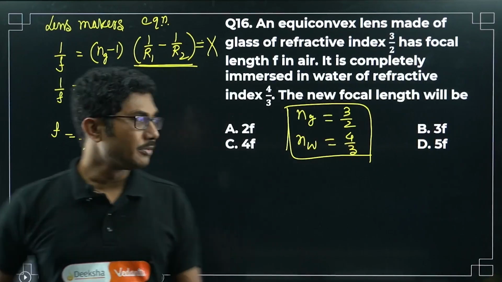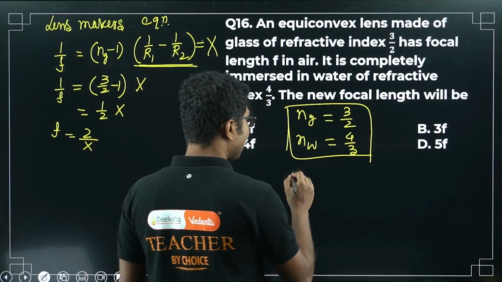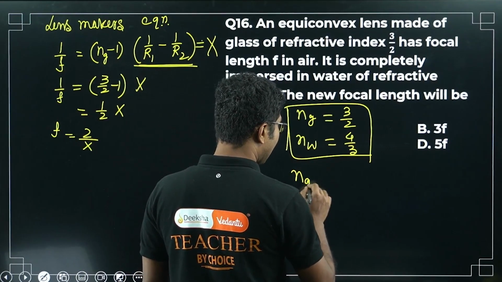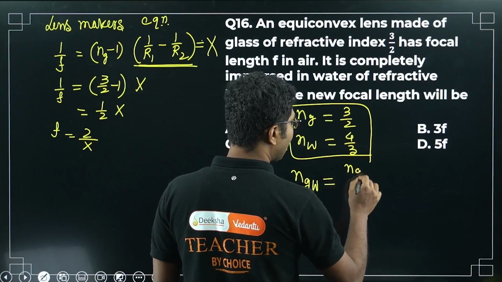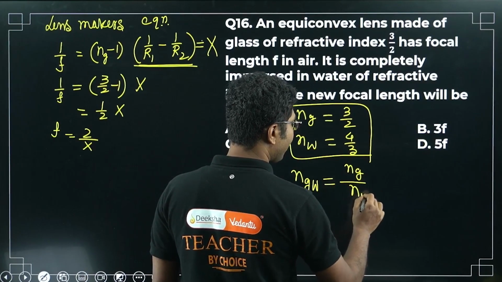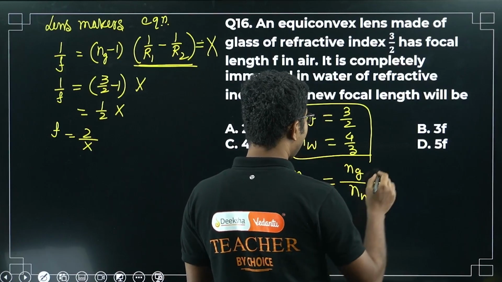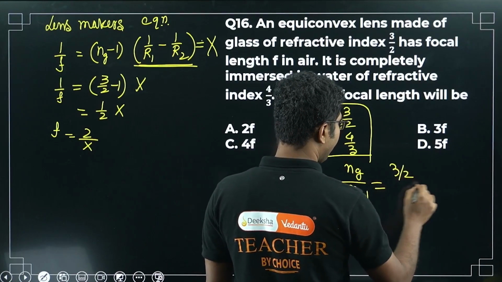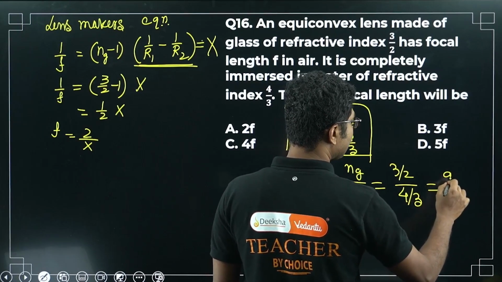Next, when you immerse the lens into the water, the refractive index of the glass with respect to water is given by refractive index of glass divided by refractive index of water. Refractive index of glass is 3 by 2, refractive index of water is 4 by 3. So the relative refractive index is 9 by 8.